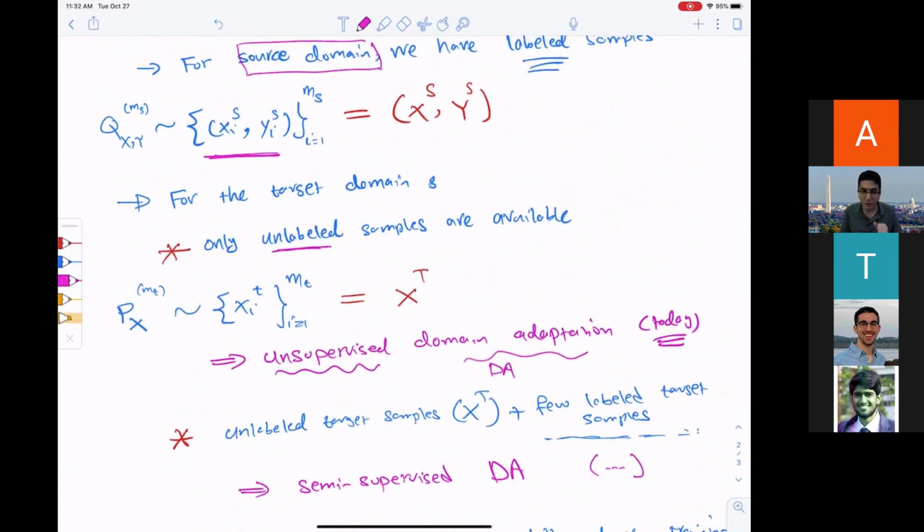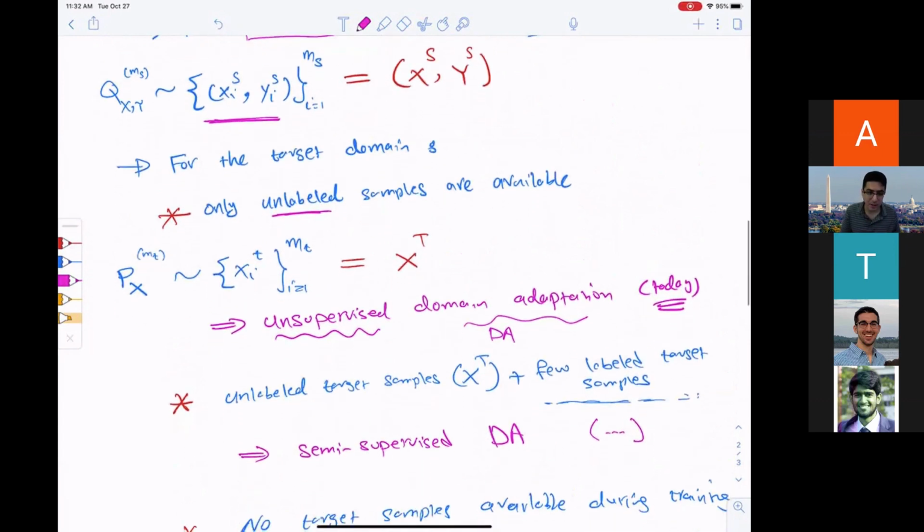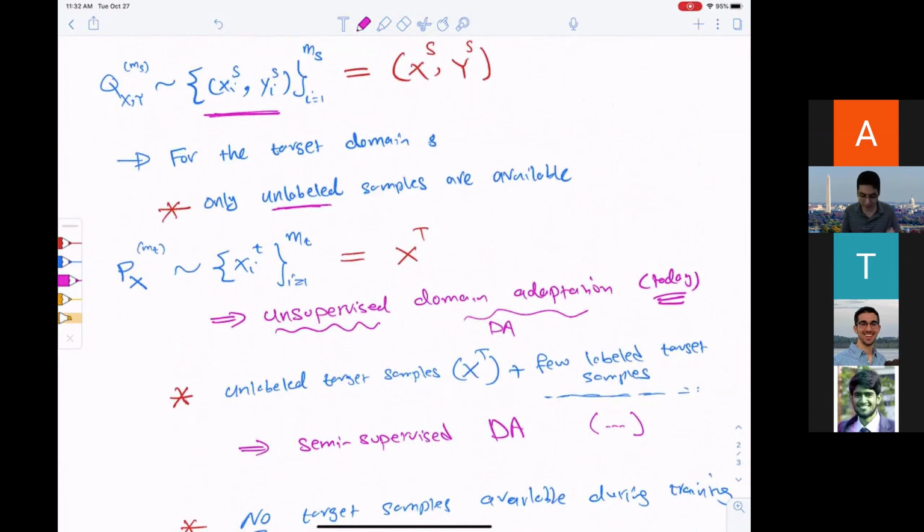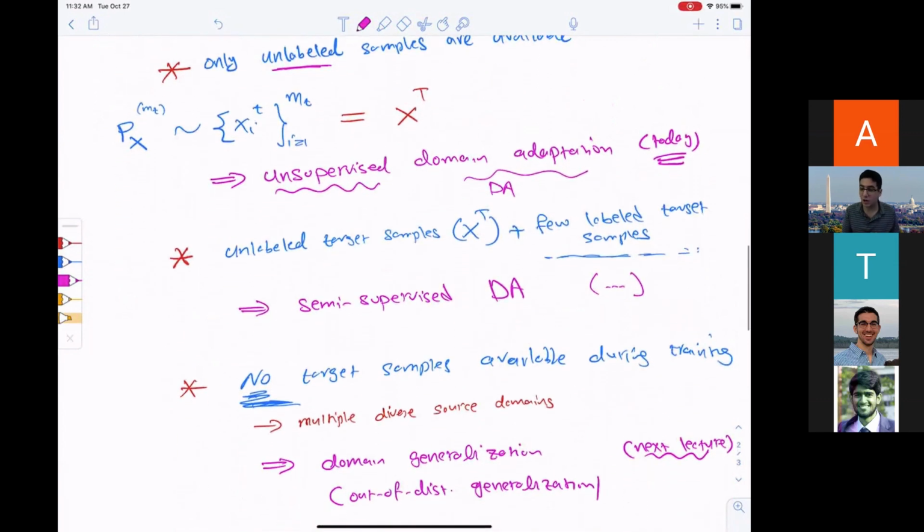In unsupervised domain adaptation, I only have unlabeled target samples. In the semi-supervised version, I may have a few labeled ones, and in domain generalization, I have no samples from my target domain.